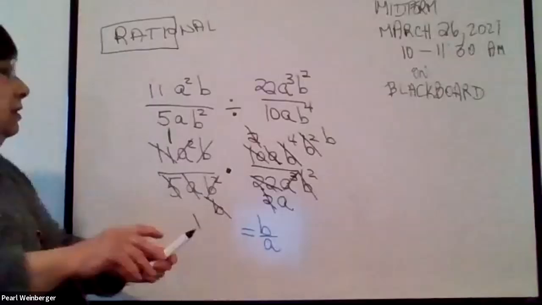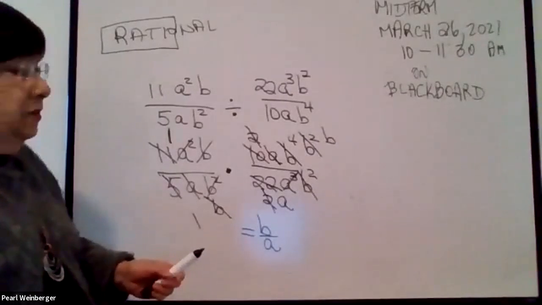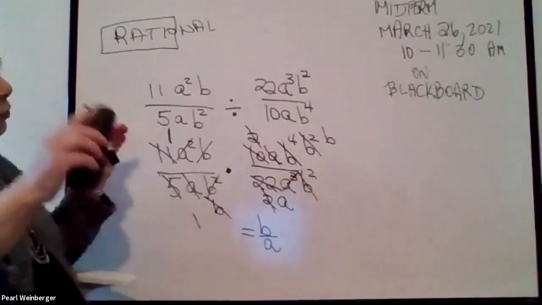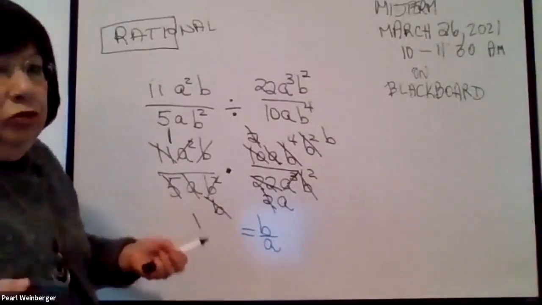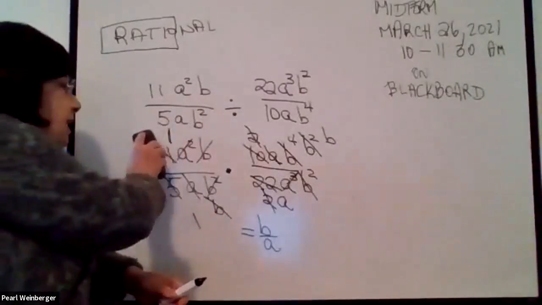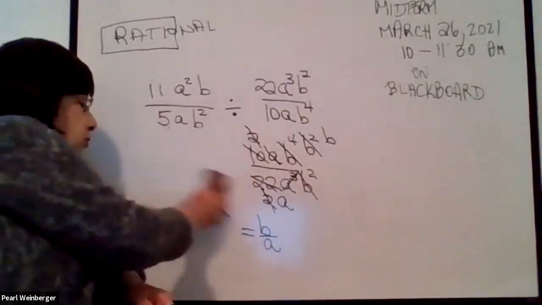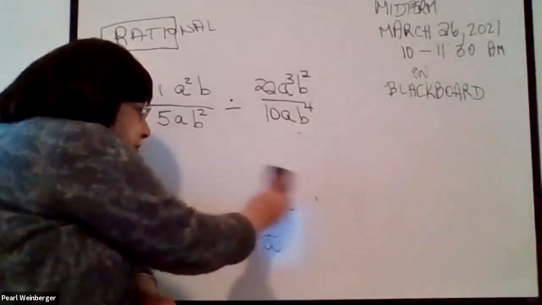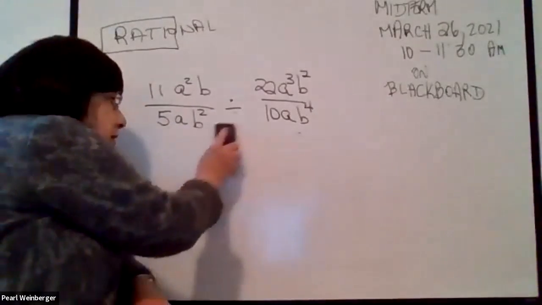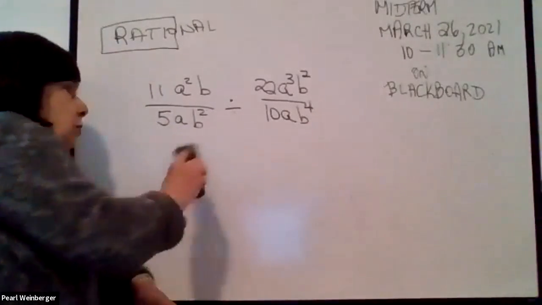Okay, let's try it with Jonathan's method. He said, instead of doing all this interim work, and again, both ways work, so I'm going to show you that method as well.